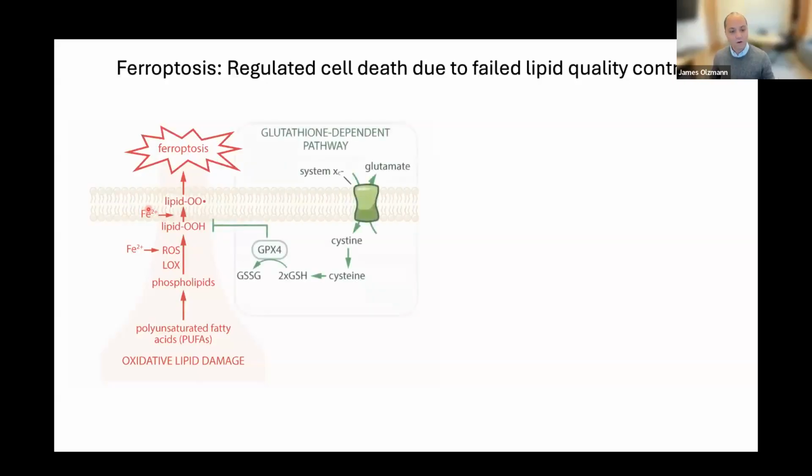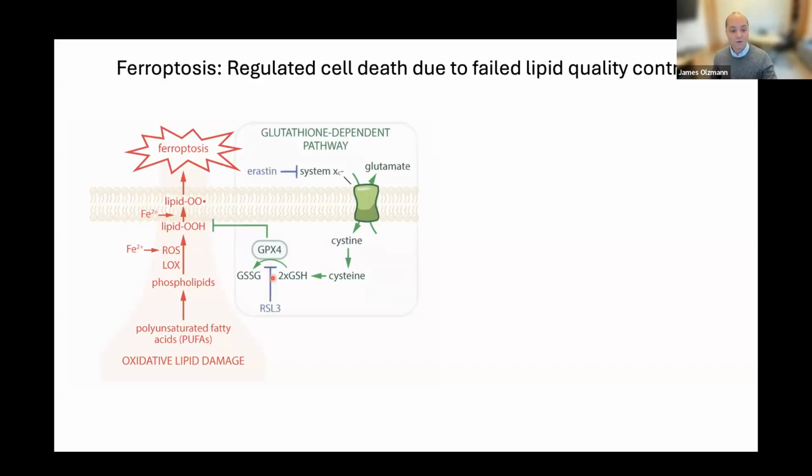Now, there are well-known quality control systems, for example, mediated by the glutathione-dependent peroxidase GPX4, which utilizes glutathione to convert these lipid peroxides into non-toxic lipid alcohols. So this would fall into the class of degradation or conversion of that toxic lipid into a more benign species.